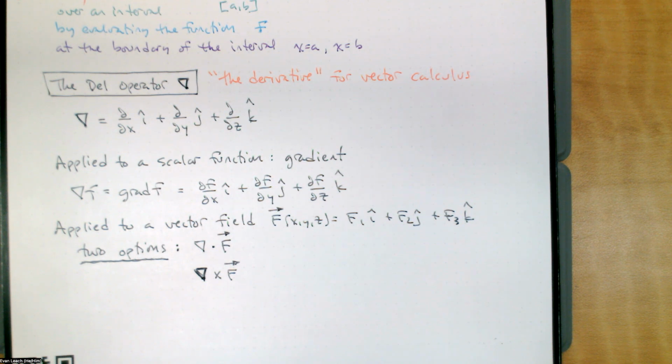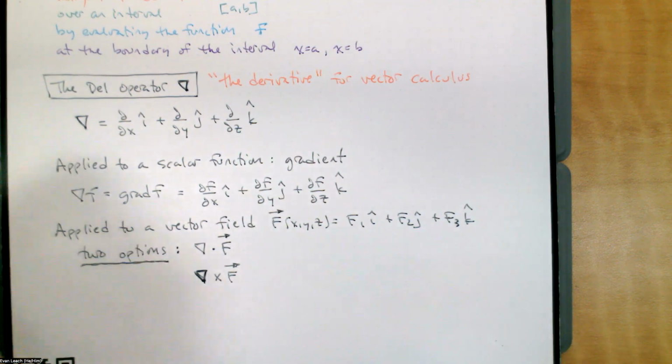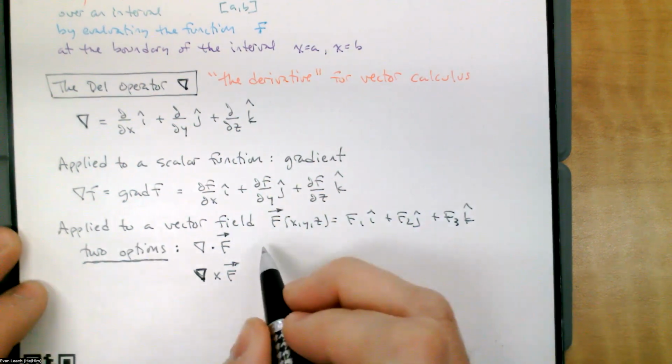But we can take del dot f and we can find del cross f. We do have names for these two things. Del dot f is known as the divergence of f.